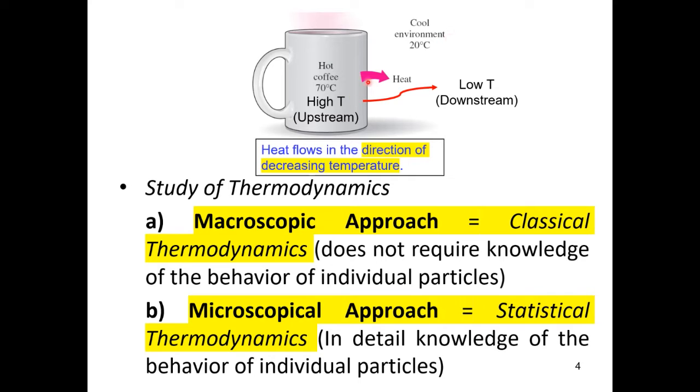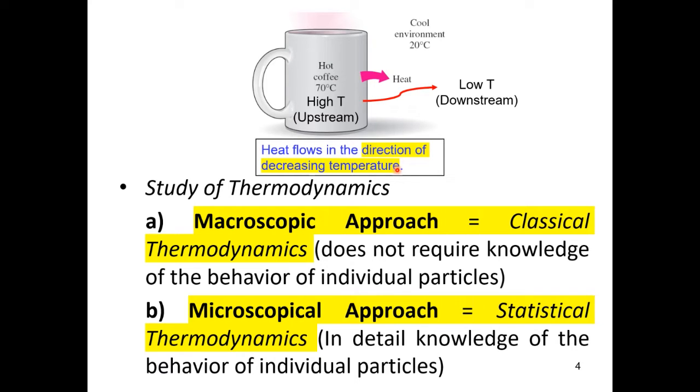After some time, naturally, the 70 degrees Celsius will drop to 20 degrees Celsius because the surrounding is bigger. The heat moves from the upstream, the higher temperature, and is released to the surroundings, the lower temperature, which we call downstream. So the heat flows in the direction of decreasing temperature.